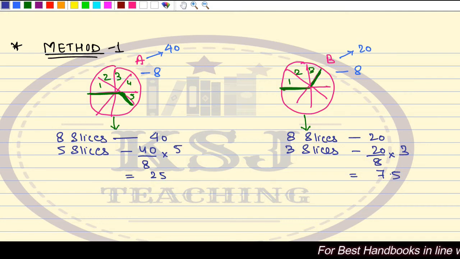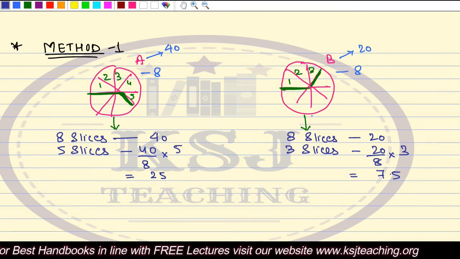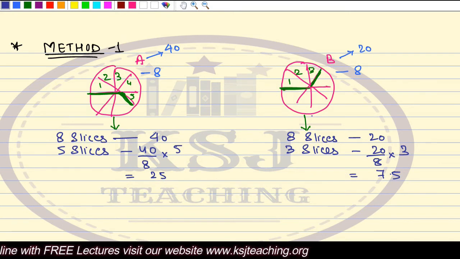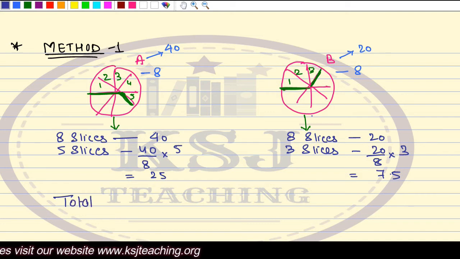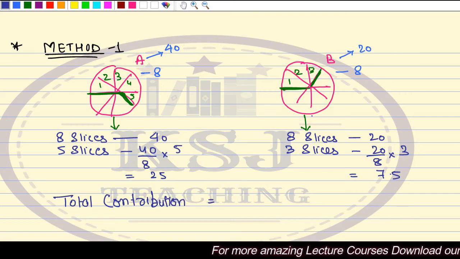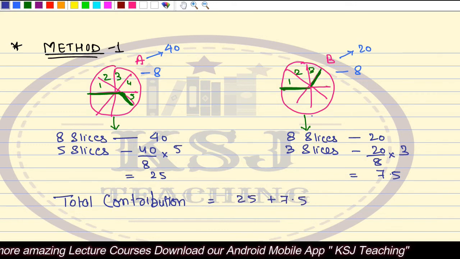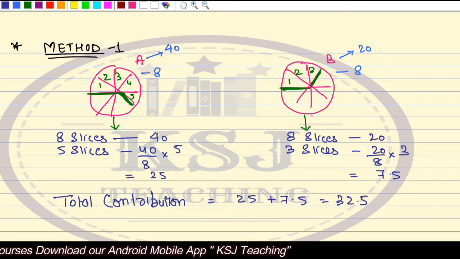So by selling this combination, 5 slices from pizza A and 3 slices from pizza B, what will be the total contribution earned? This is my product A, this is my product B. That is 25 plus 7.5 is equal to 32.5, right?